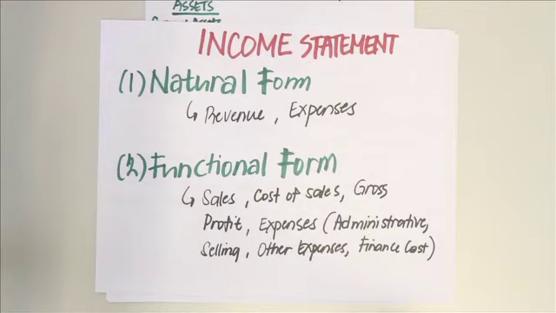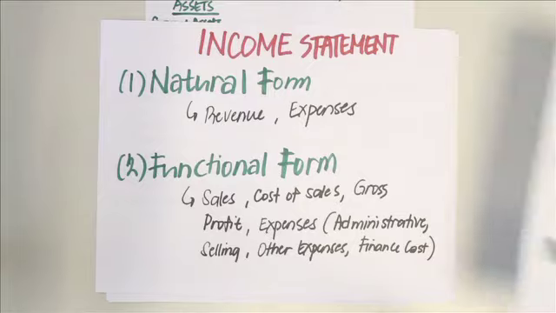The functional form is more complex, and it begins with sales less cost of sales to get your gross profit, and then it categorizes the expenses according to function, such as administrative, selling, other expenses, and your finance costs. This form is usually used by merchandising businesses.